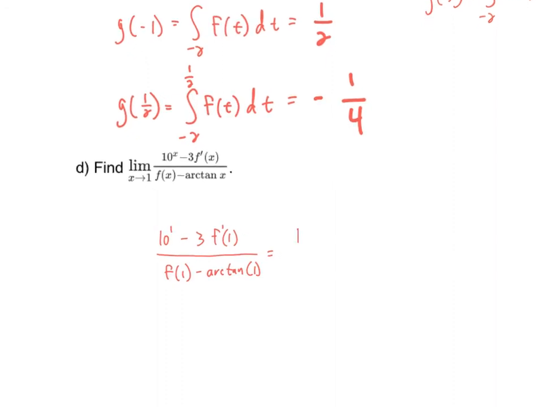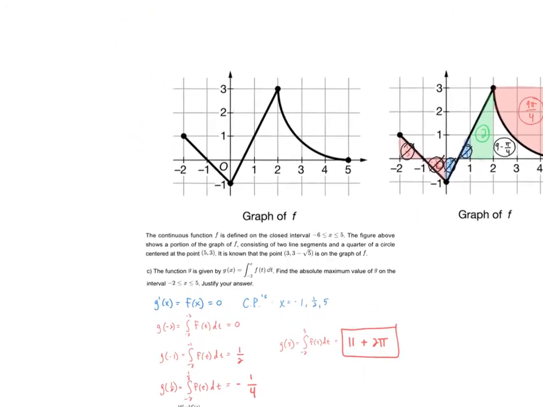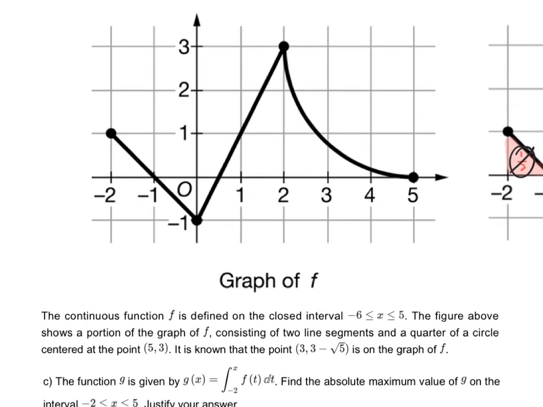Okay, 10 to the 1 is 10. 3 times f prime at 1. That's the slope at 1, which is the slope of that line, which is 2.